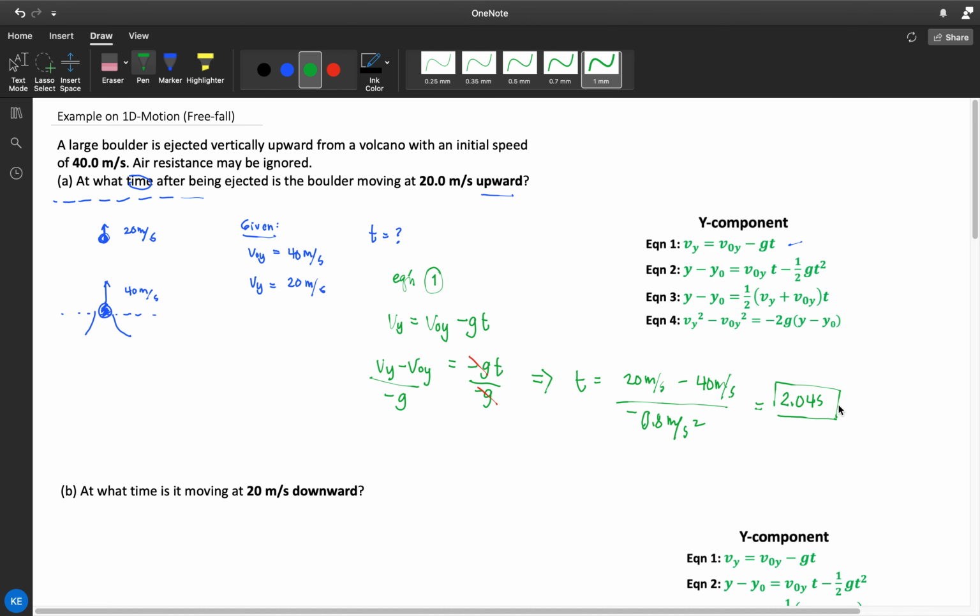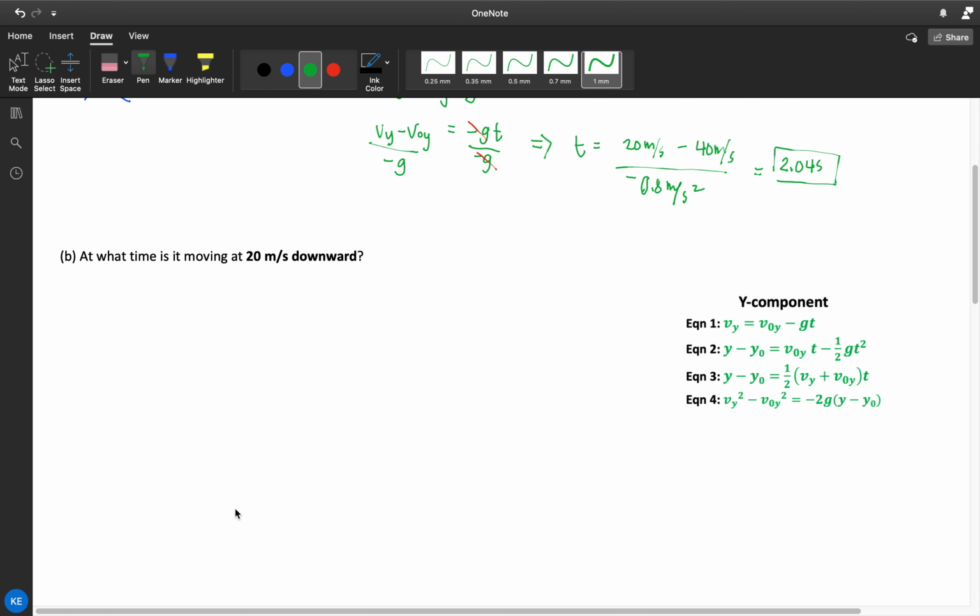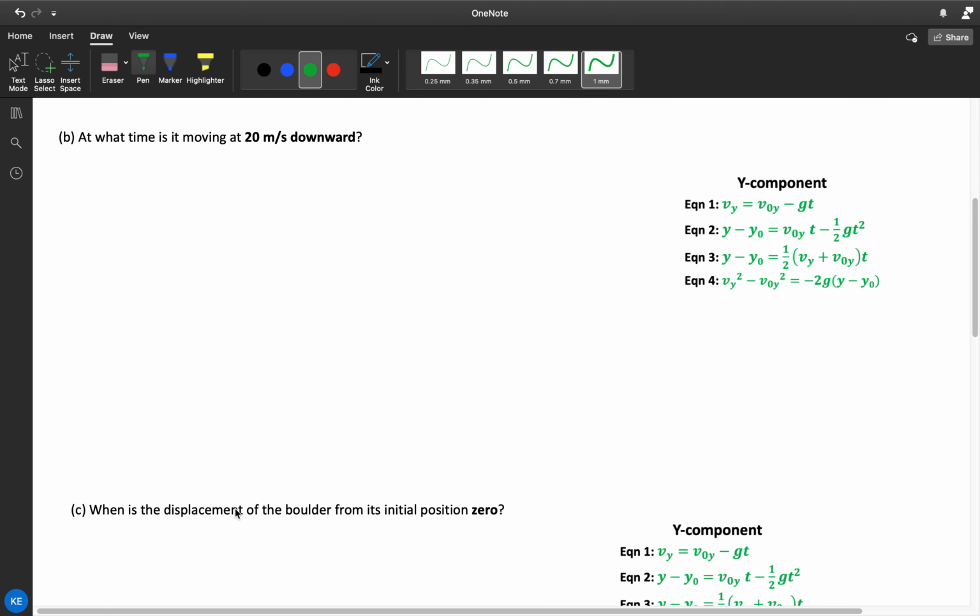Okay, next for letter B, at what time is it moving here, 20 meters per second downward. So here, kay 20 meters per second downward na siya, so pasabot kay nakalapas na siya sa maximum height. So here, fired at 40, still, ang initial velocity anin niya mga bata is 40 meters per second, Voy 40.